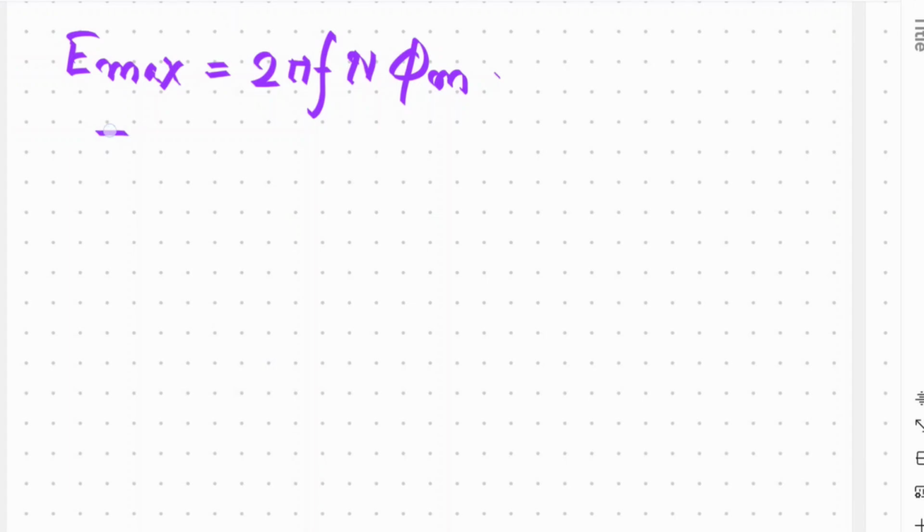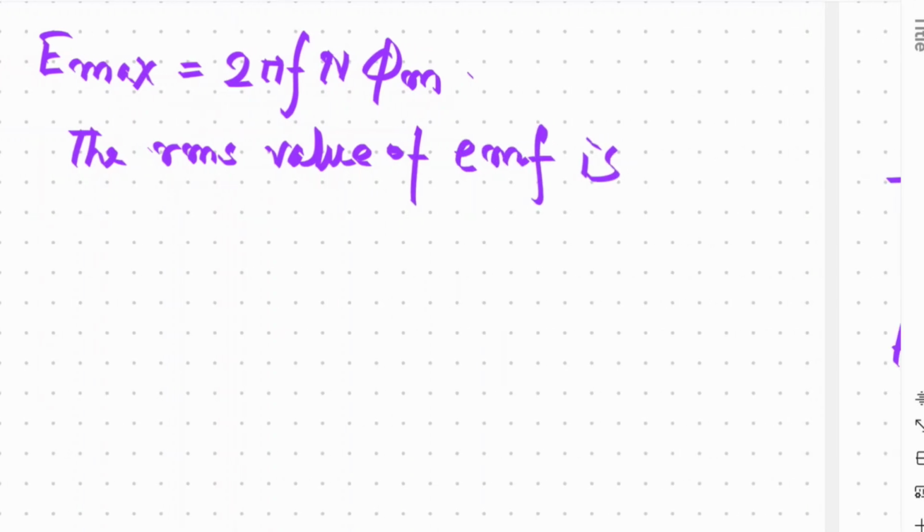The RMS value of EMF is E is equal to E max by root 2.